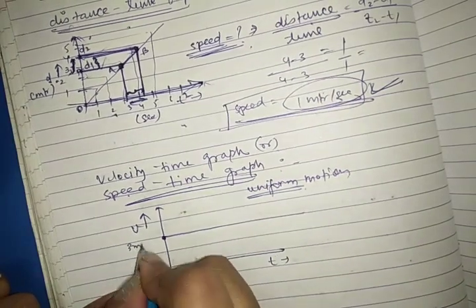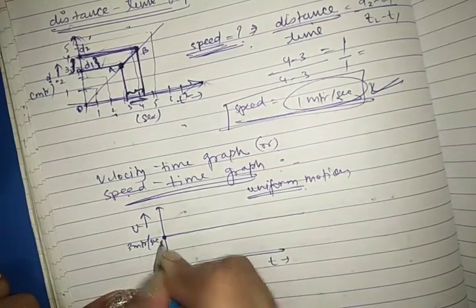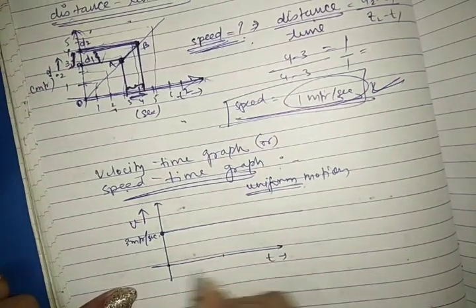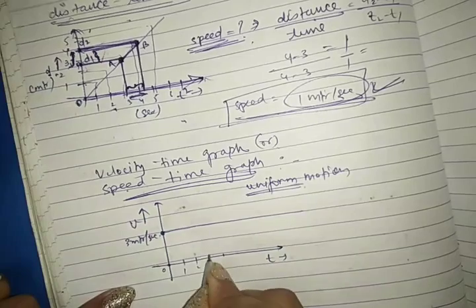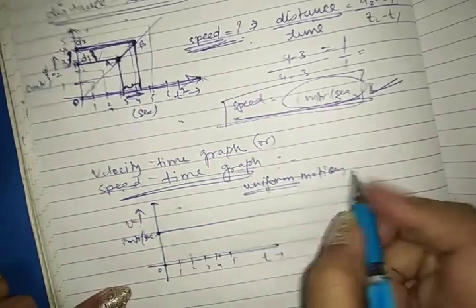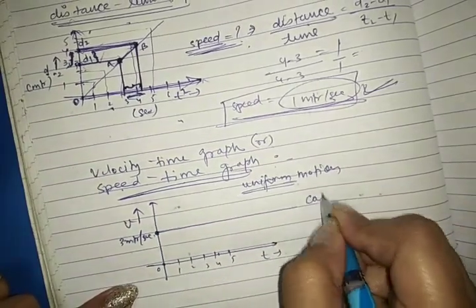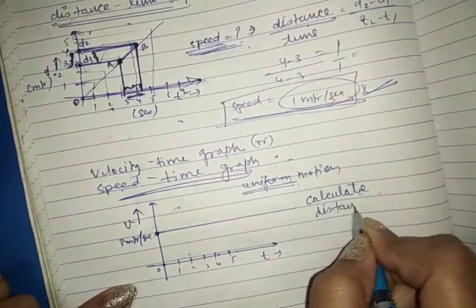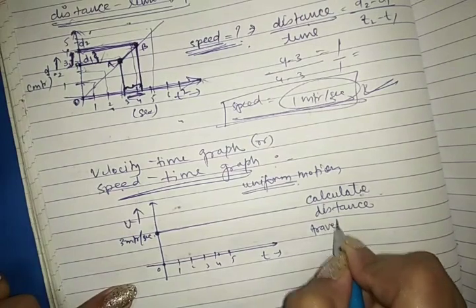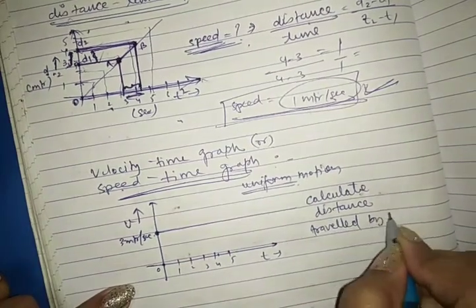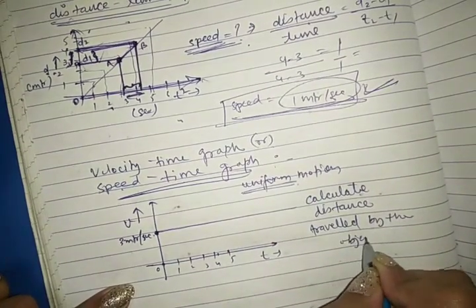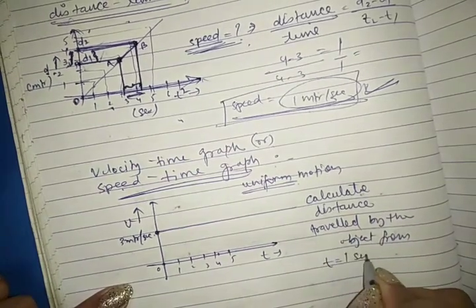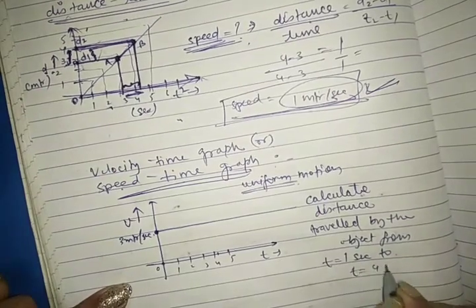And if this is 3 meter per second, and the question asks to calculate the distance traveled by the object from t equal to 1 second to t equal to 4 second. This is 0, 1 2 3 4 5.